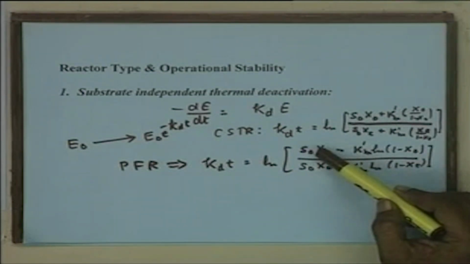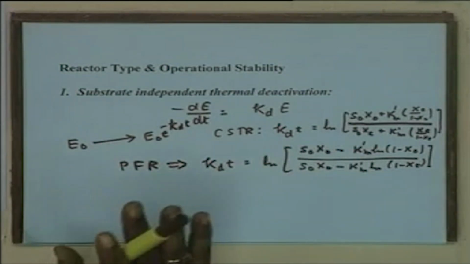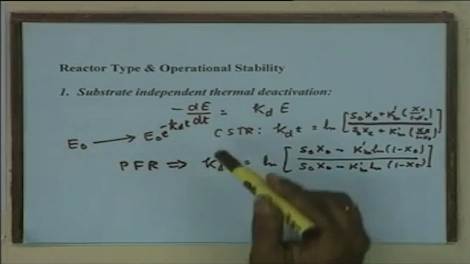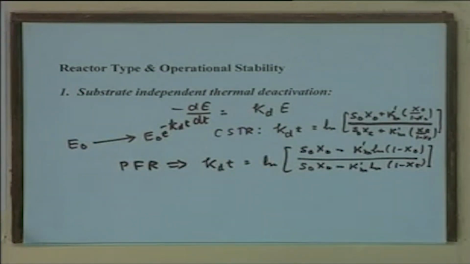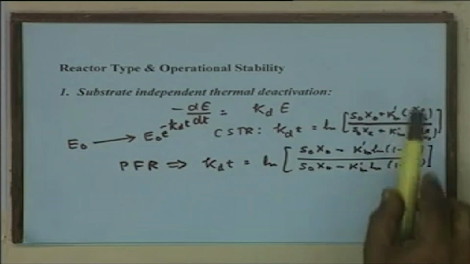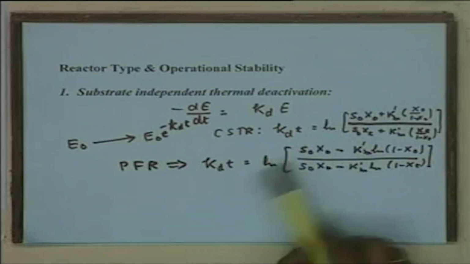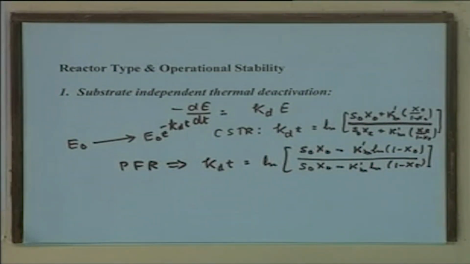It will be only the first term, and the effect of operational stability is independent of the type of reactor. It will be identical for the two types, CSTR and PFR, if we are operating our system in the zero order regime. Whereas if we are operating in the first order regime, the first term will be neglected, and then the difference in conversion decay rates between PFR and CSTR will be magnified.